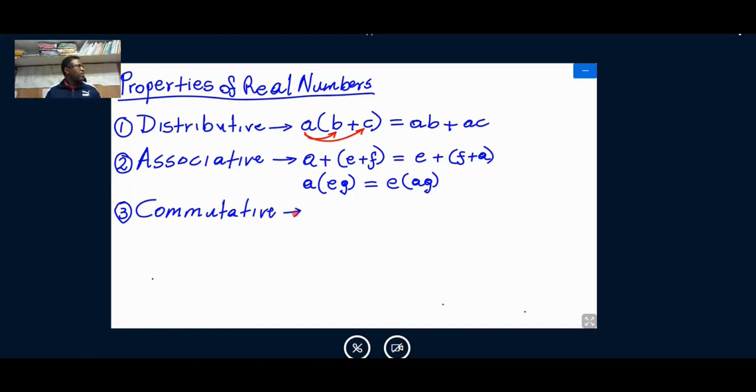Commutative property. In the commutative property, we're talking about adding two numbers, or multiplying two numbers. And we're saying in this case, the order does not matter.